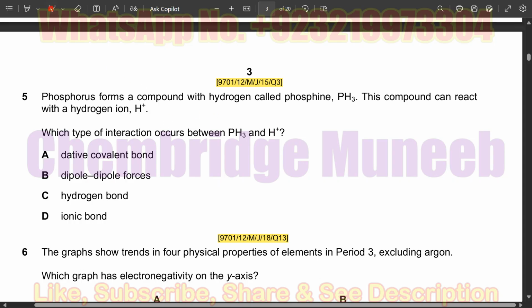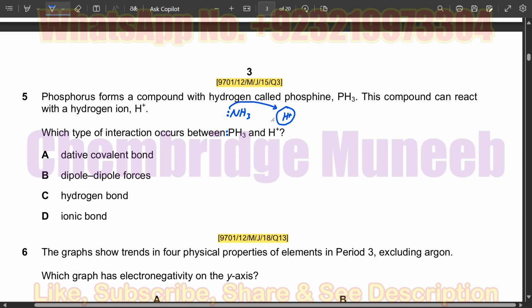Okay, we know that PH3 is similar to NH3 since nitrogen and phosphorus are both in the same group. They are similar. Nitrogen has a lone pair, which means phosphorus will also have a lone pair on it. And the hydrogen ion is completely empty. It has no electron present in its shell. So this ammonia will share its lone pair with the hydrogen ion.